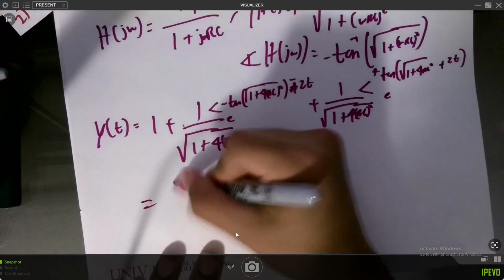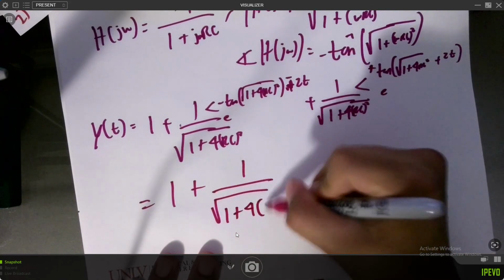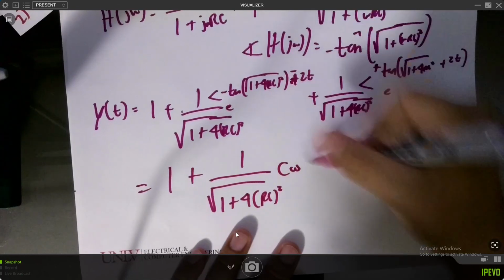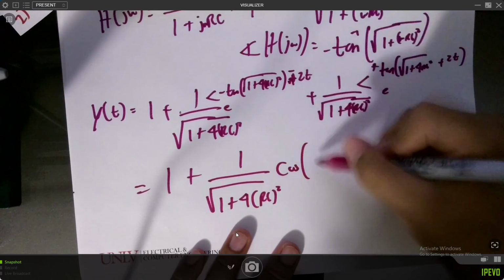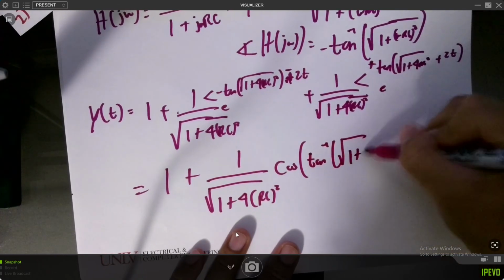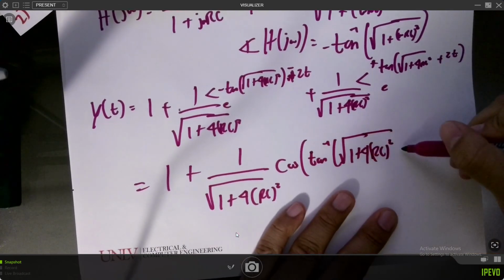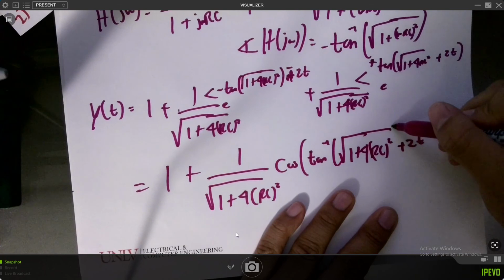That means you're going to have 1 plus 2 over the square root of 1 plus 4RC squared cosine of 2t minus tan inverse of the 2RC. I think I did this math right.